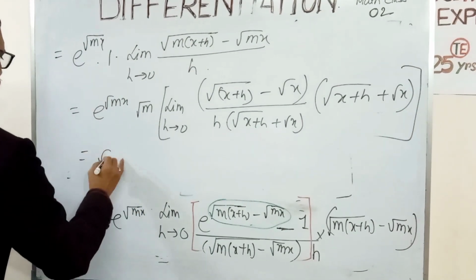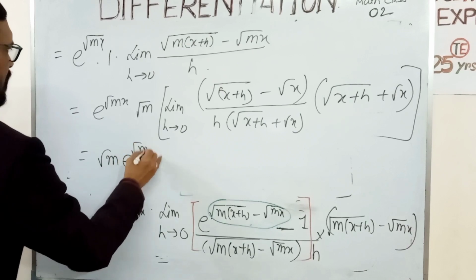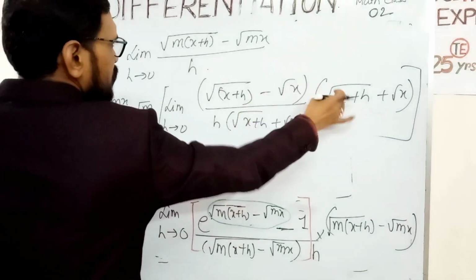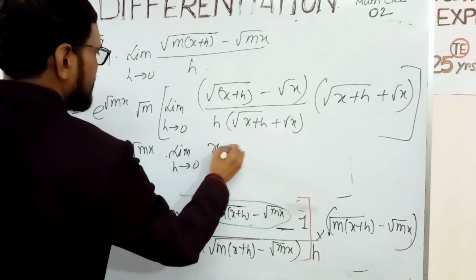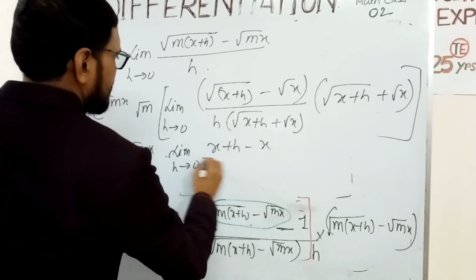So this becomes this into this, x plus h minus x by h.